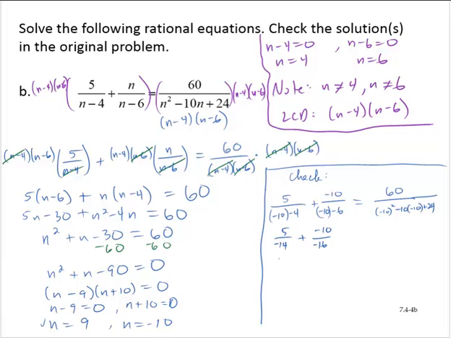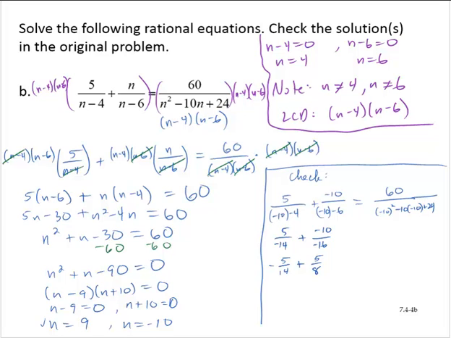So that's negative 5/14 plus, negative over negative is positive, and 10 over 16 is the same as 5 over 8. All right, so this isn't any fun, but we can find a common denominator on the left. The common denominator for 14 and 8 would be 56.